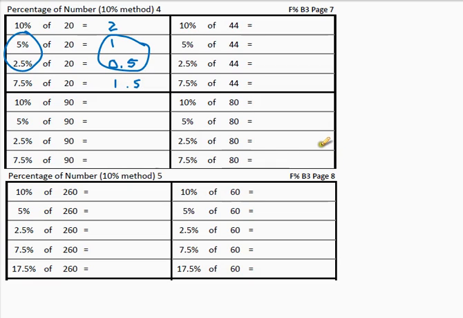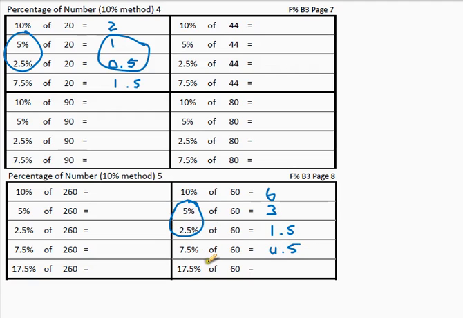Pause the video and complete this sheet. Okay, I'm just quickly going to work through this for those of you who find this quite hard. 10% of 60 is 60 divided by 10, which is 6. 5% of 60. 5 is half of 10, so we need half of 6, which is 3. 2.5 is half of 5, so we need half of 3, which is 1.5. 7.5 is 5 and 2.5, which is 3, plus 1.5, which is 4.5.